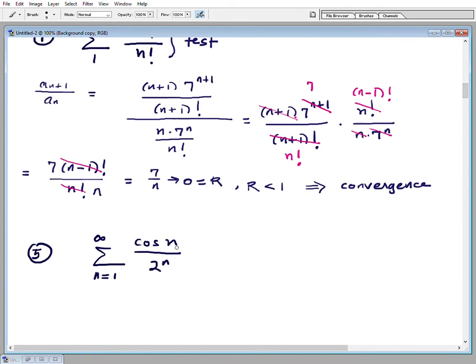Now this one, we have the cosine n on top over 2 to the n. So maybe we should just compare it. We could compare it with the sum 1 over 2 to the n.